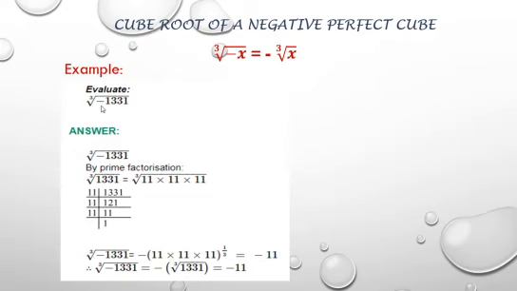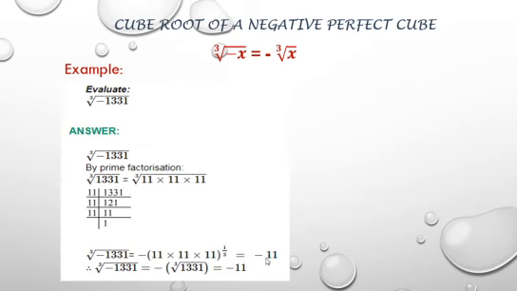Here we want to find out the cube root of minus 1331. We know that 1331 is the cube of 11. But here minus sign is there. So first we will find out the prime factors of 1331, and while writing the answer we will take this minus sign out.